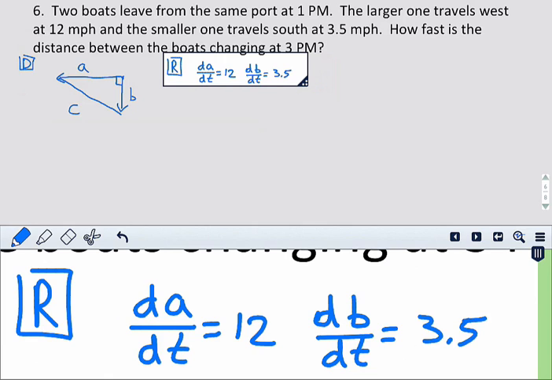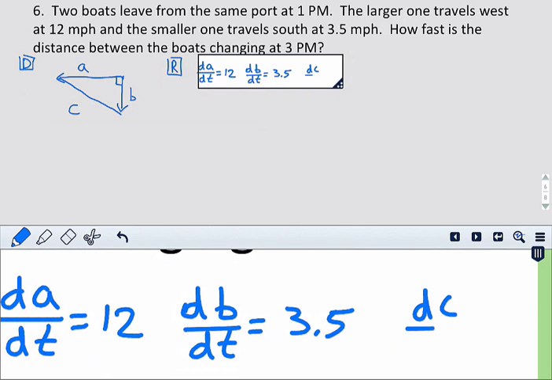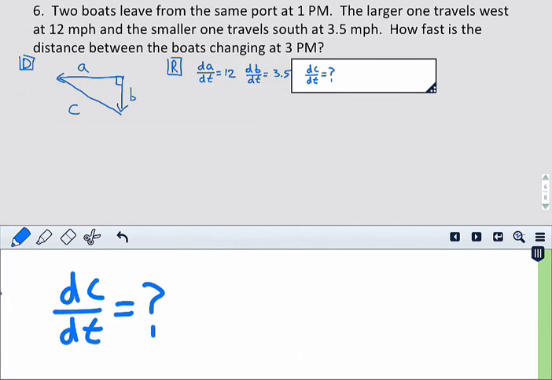And we want to know how fast is the distance between them changing, and that's going to be dC over dt. And we want to know this at 3 p.m. So what we could do is find a couple things here.